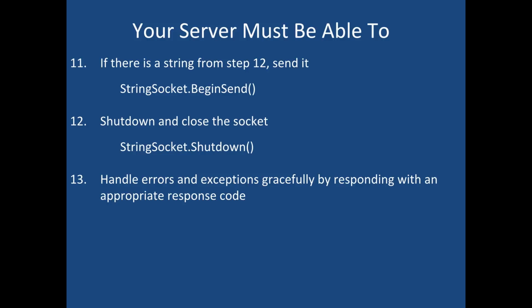You pick a 400 code and send it back. On the other hand, if after you've read the user data, you have an exception later, that's a problem with your code. That's an internal server error. So again, if you have an unhandled exception, you catch it and you send back a 500 code to say what happened.